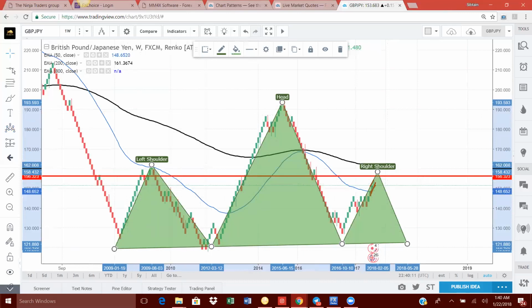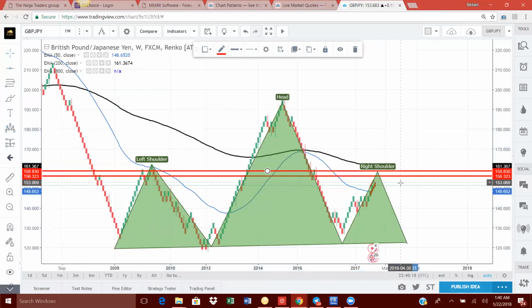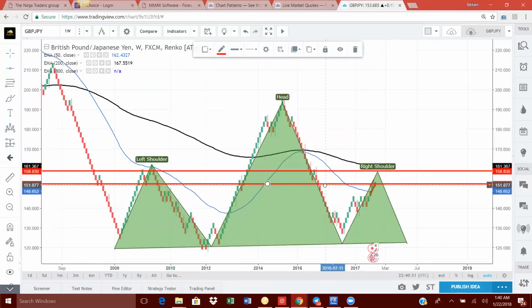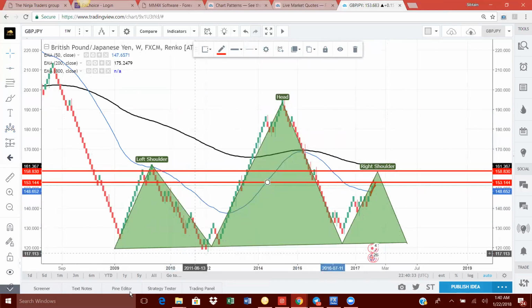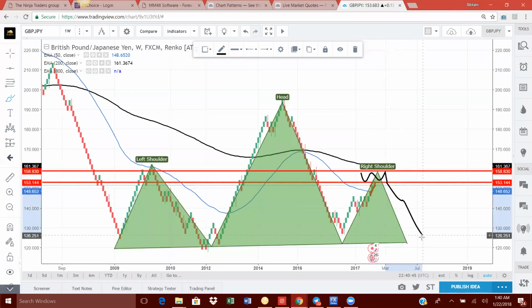And this probably is a very big sell, but not now, till the price reaches here, right? Till the price reaches here, till the price reaches here. So at this level we should have a sell from this level to this.